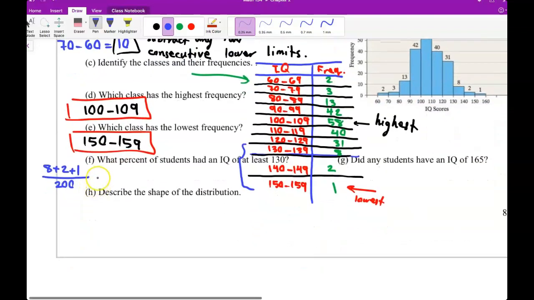So that is equal to 5.5%. So the answer for part F is 5.5%.